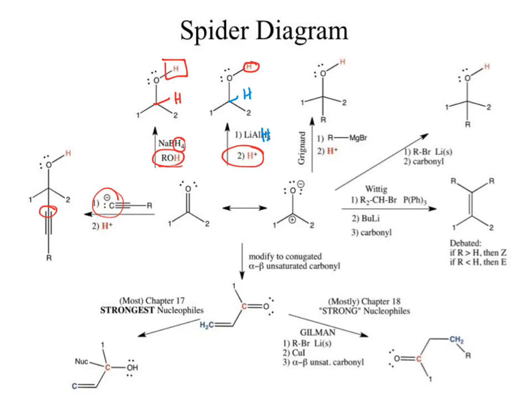Grignard reagent. We end up adding an R group as a negative charge. You'll notice you don't see the formal negative there. It's hidden, but it's there. We'll talk about it.